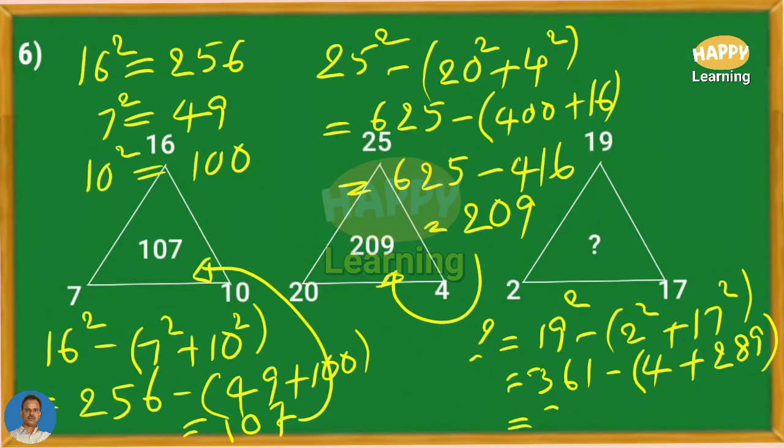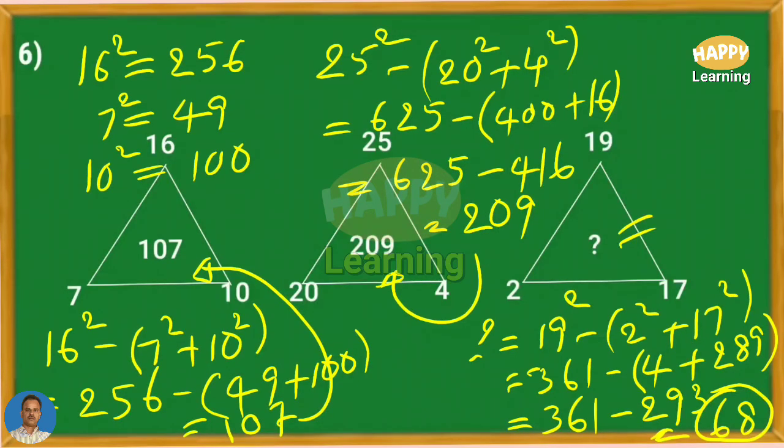This is equal to 361 minus 293, that is equal to 68. So this is the answer. This question mark is equal to 68. This is the answer.